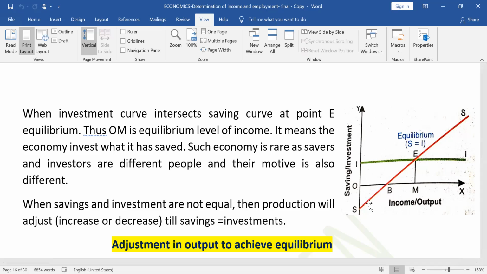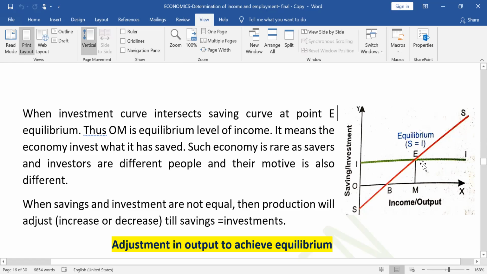So whenever consumption expenditure is more than income, there is some amount of dis-saving. This area represents this dis-saving. And the saving curve is upward sloping because as income increases, saving also increases.